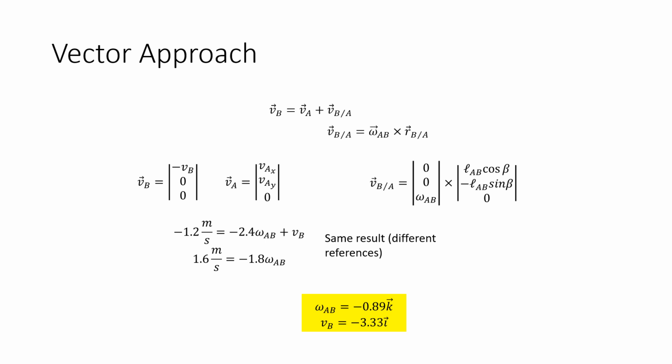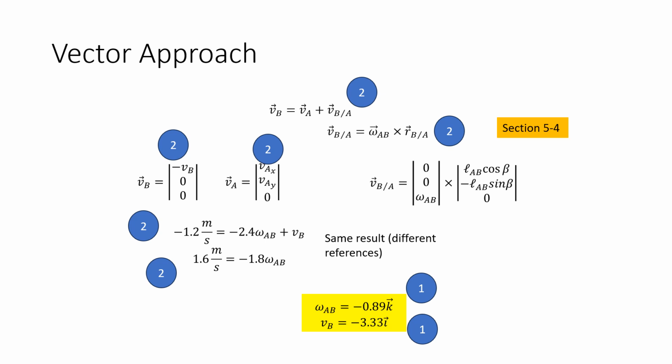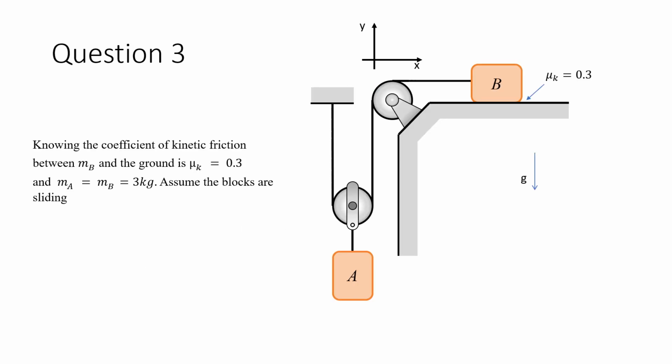So either way will work, but you can see this is a lot easier. And it's a lot easier because you're just looking at the geometry of the physical positions, not the geometry of the motion, which is often more difficult to visualize. Section 5.4 of the text, and all of that's there.